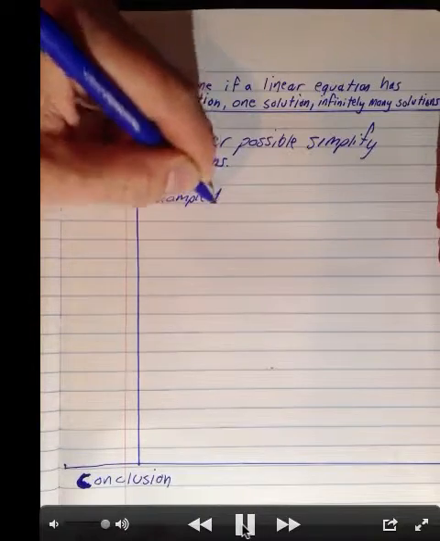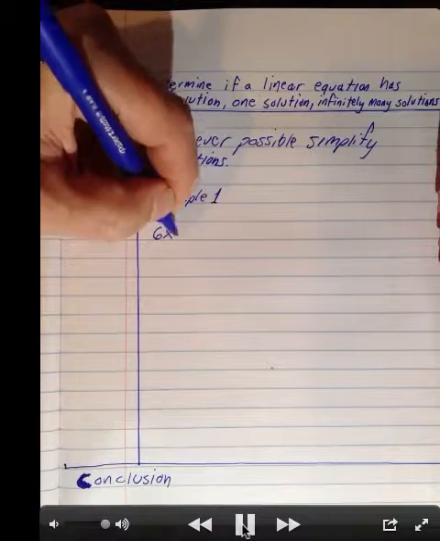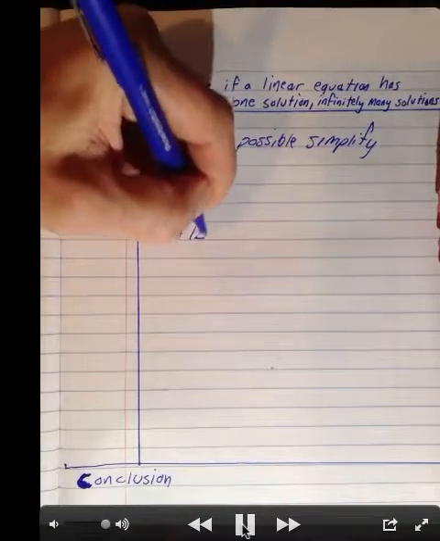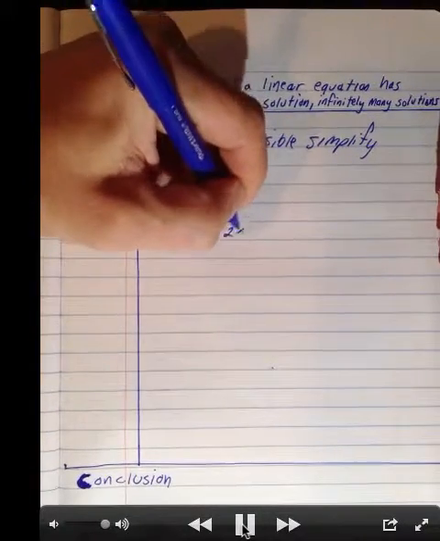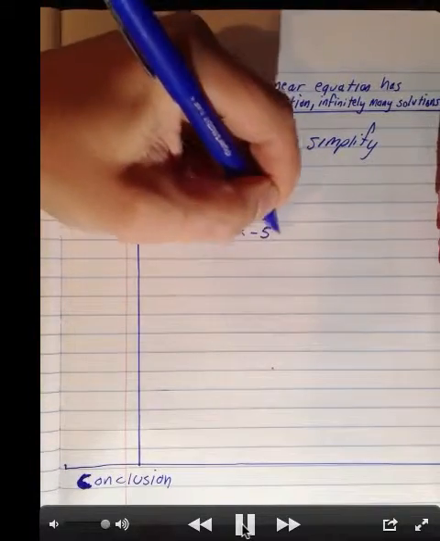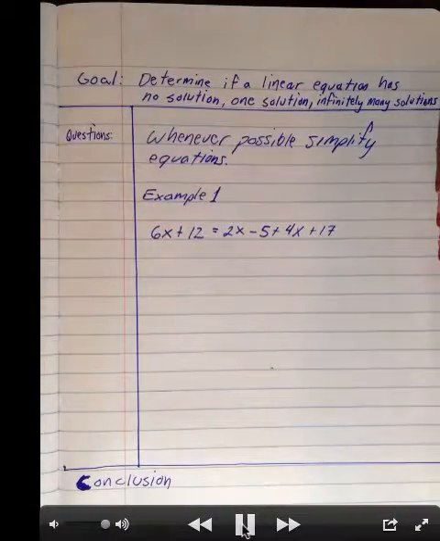So you'll see this first example is going to be a fairly complicated equation. 6x plus 12 on one side of the equation equals 2x minus 5 plus 4x plus 17.